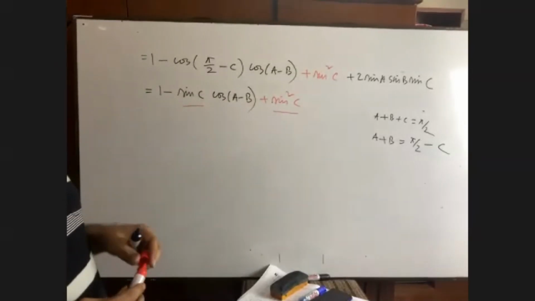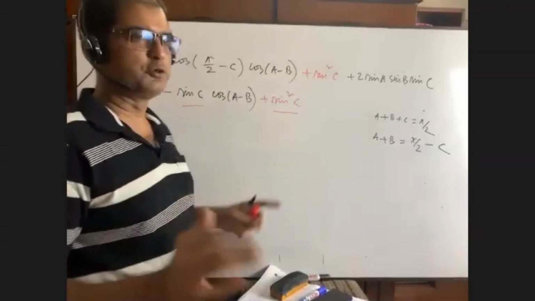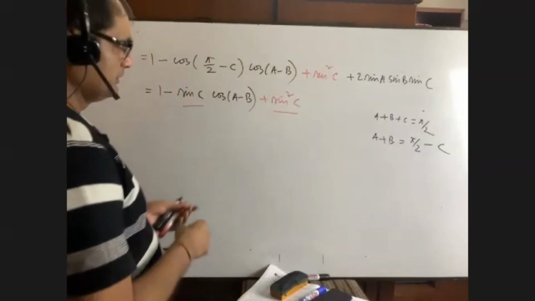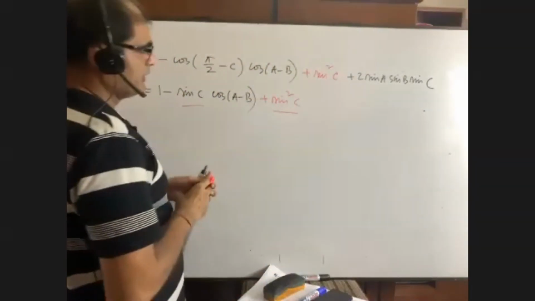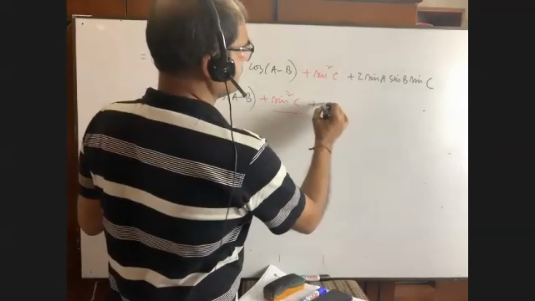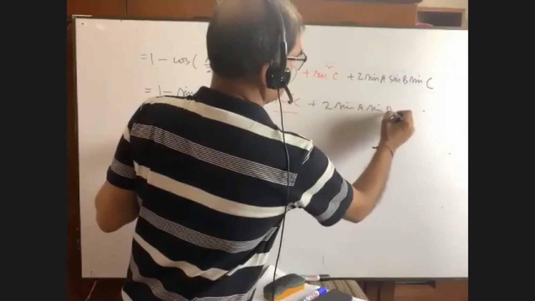So you know why I did not do any function on this sin C cos C? Perhaps you have now come to know. Again, we maintain the formalities of writing the same thing again and again.